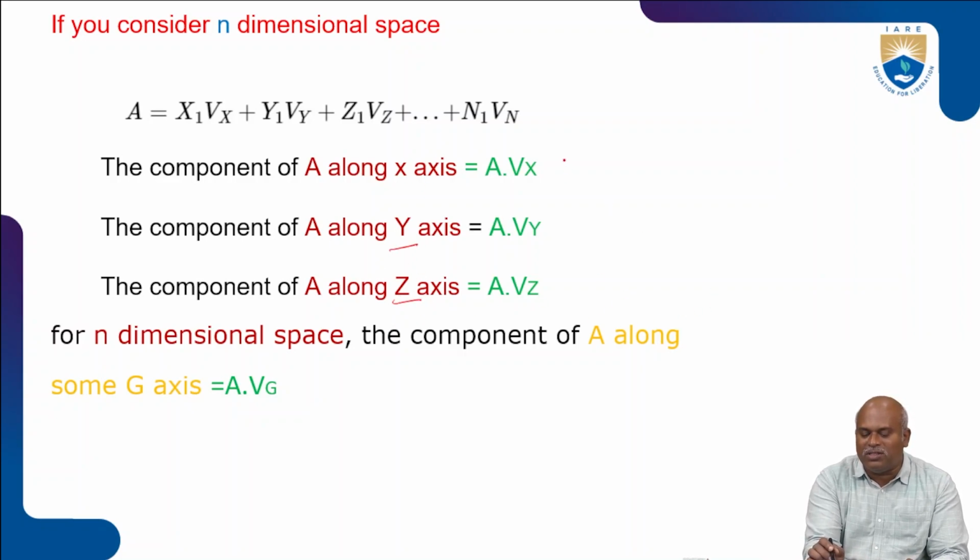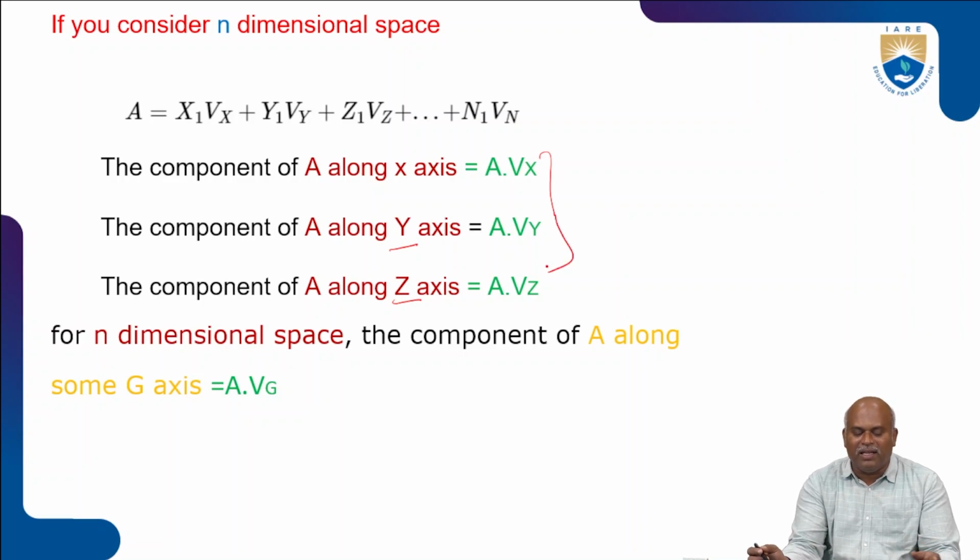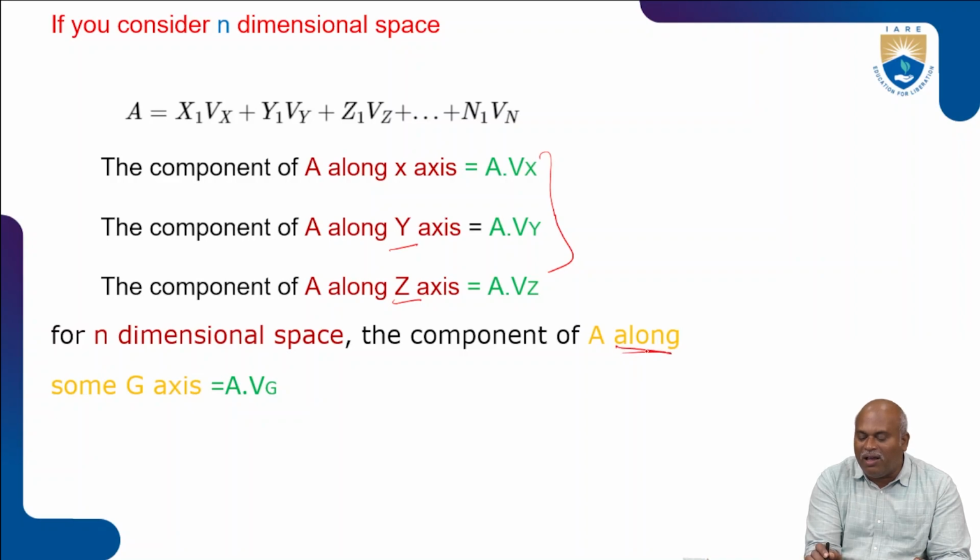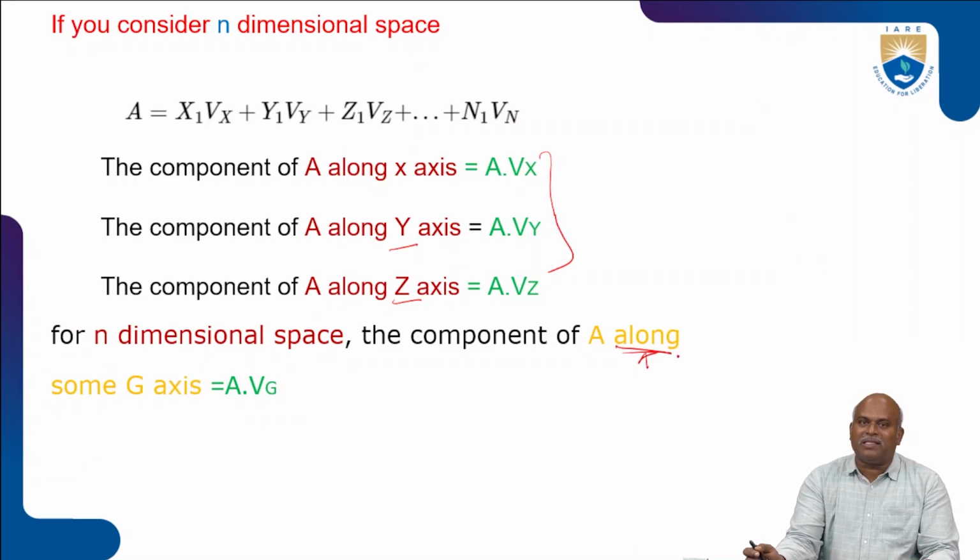All these directions together produce the n-dimensional cases. The component of A along the same g-axis, by analogy, we represent as A·Vg. So that applies to any direction, along any axis.